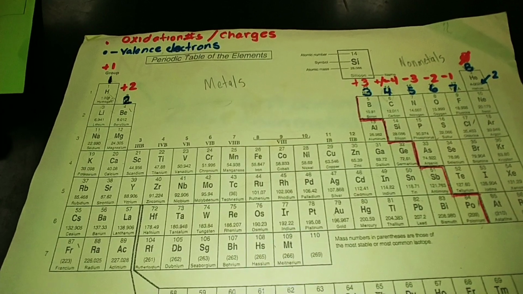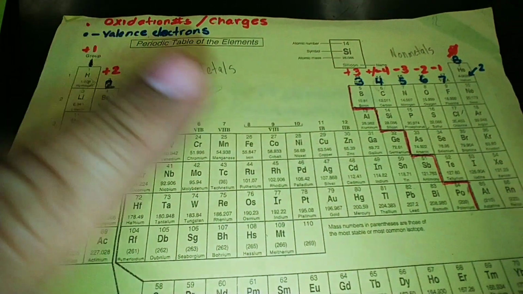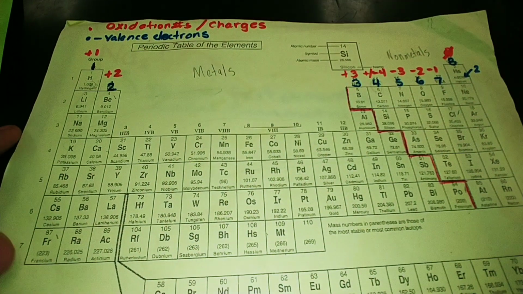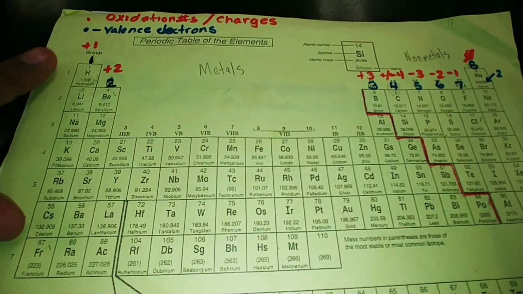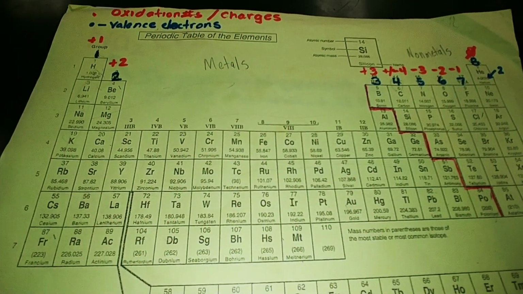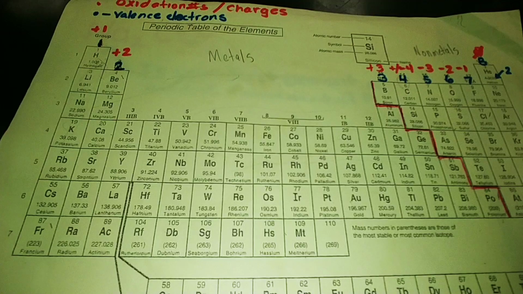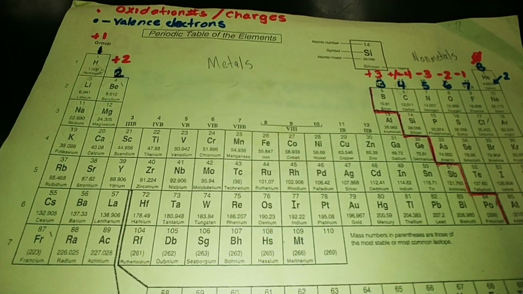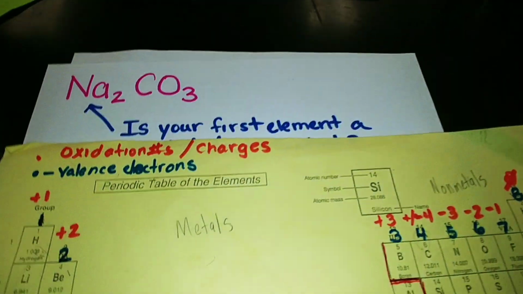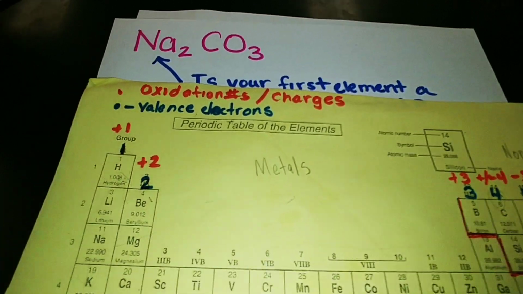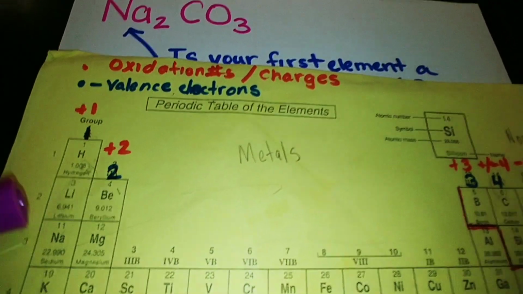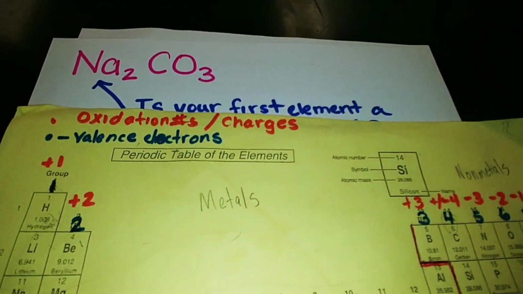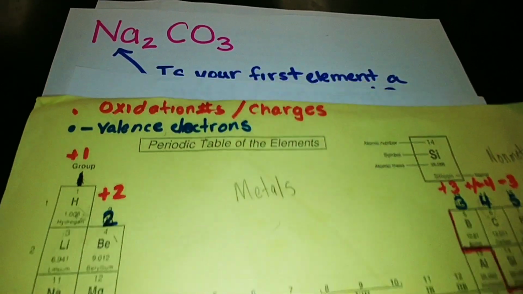Just remember, if it's on the left, they're metals. If it's on the right, they're non-metals. Hydrogen happens to be the only one on this side that's a non-metal, because it has one valence electron. Looking at sodium, sodium is right here, so therefore it's a metal. So it's ionic.